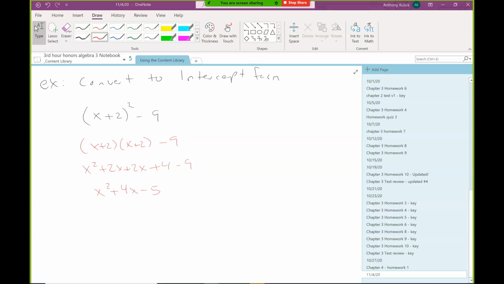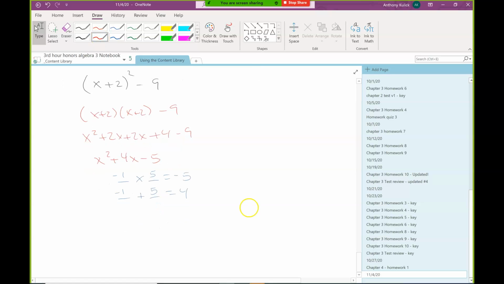Okay. So to factor, we need the 2 numbers that multiply to give me 1 times negative 5 and add to give me positive 4. Those 2 numbers are? Very good. Right, x squared minus 1x plus 5x minus 5. Make our 2 groups.